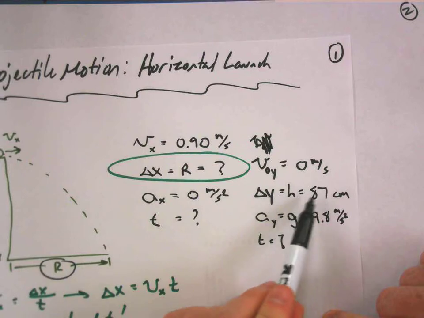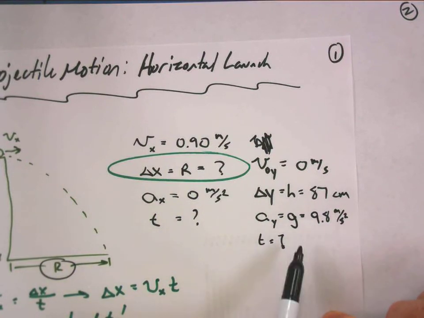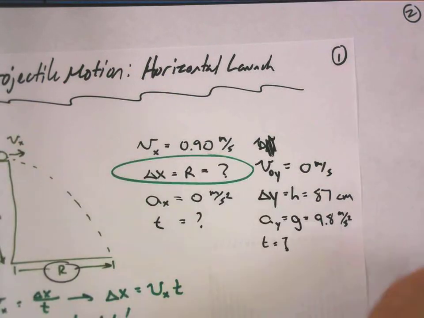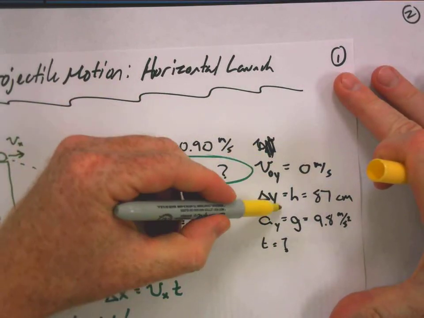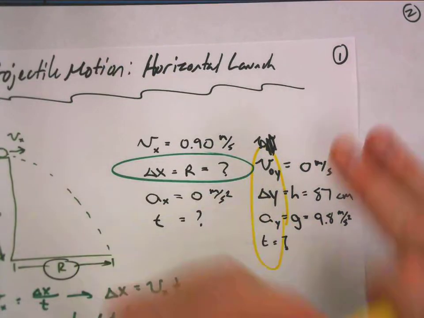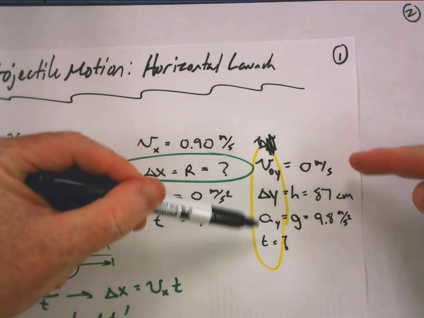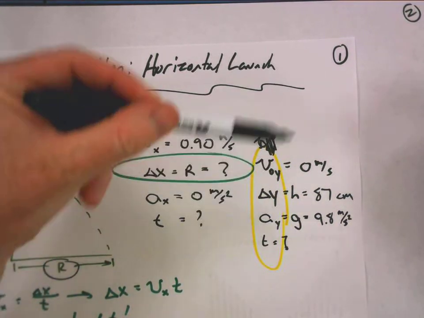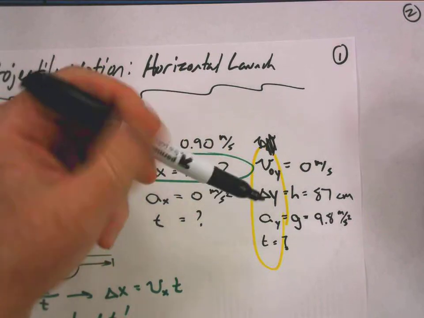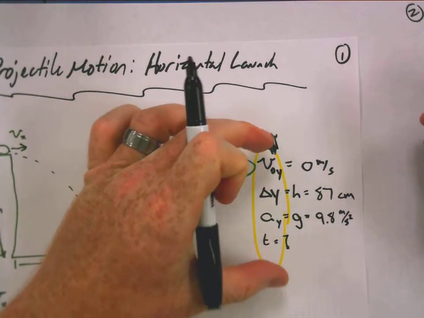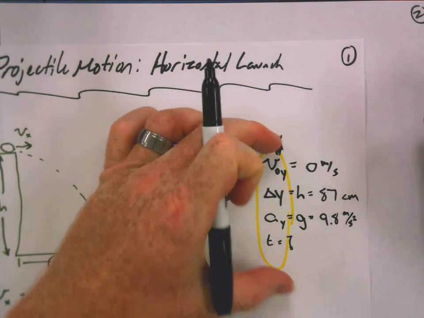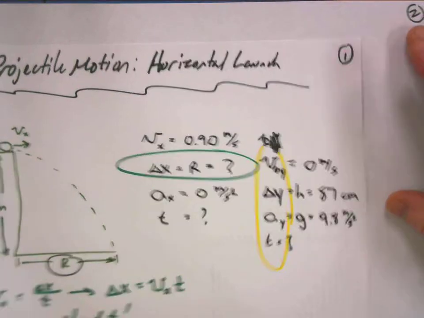We have vertical displacement. We have vertical acceleration. And what about time? We need some sort of equation, some sort of mathematical relationship between those things. And here you can start to see why it's so beneficial to list information that you know, because once you get it listed, you can start to say, I really need an equation for these things. And it turns out we have a nice one.